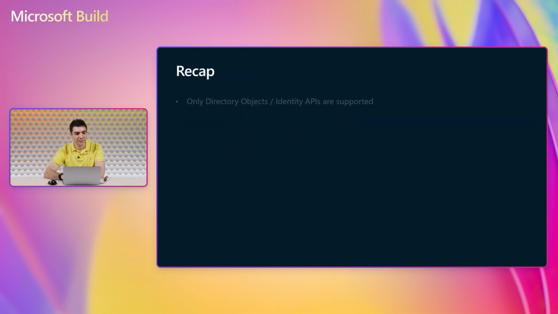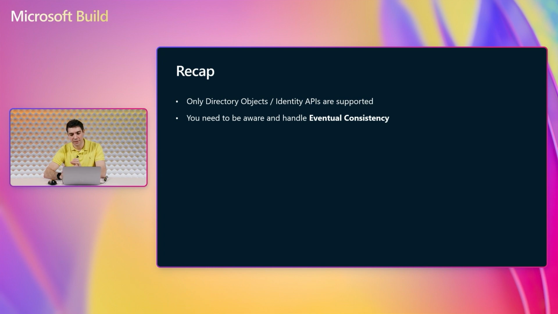And lastly, a recap. So first of all, only directory objects and identity APIs are supported. And you need to be aware of eventual consistency. This means that if your app is only reading directory data, then you really don't have any issue. If you're a read-only app, you don't have to deal with eventual consistency.